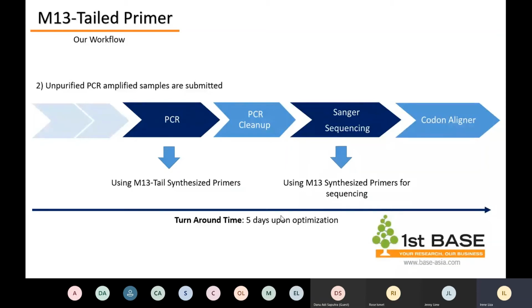From our side, upon receiving the samples, in our facility we will synthesize the M13 tail primers, run a PCR, do the cleanup, and then use M13 primers to capture the sequence through Sanger sequencing and finally perform codon alignment. Upon optimization, the turnaround time for the whole process is approximately 5 days.